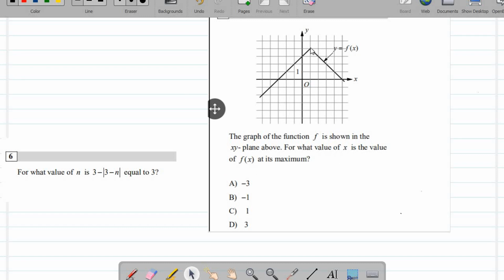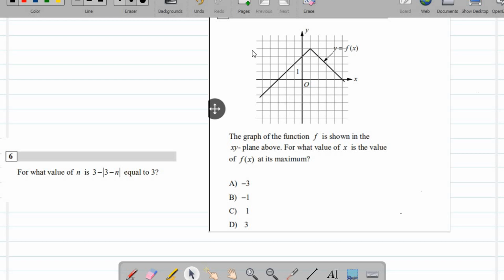So the value is when it's at 1 comma something, so that's it. For all values of x is the value of f of x at its maximum, so that's y being at maximum, just at that point, the highest point here, the vertex. The vertex above there is at x equal to 1.